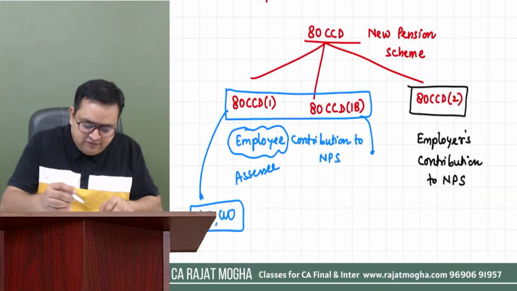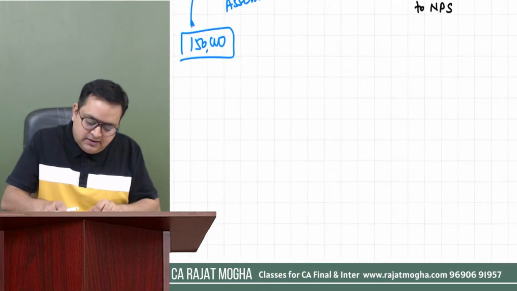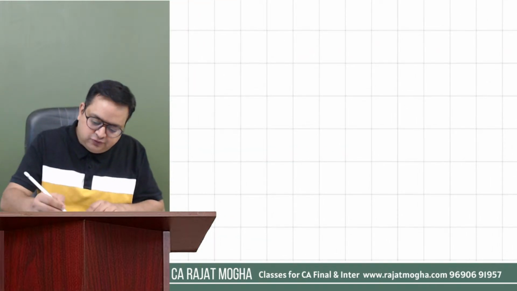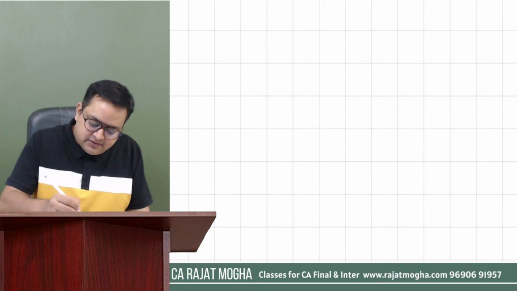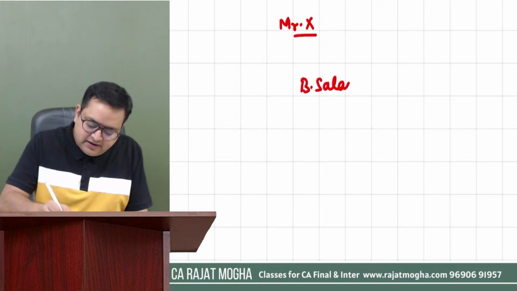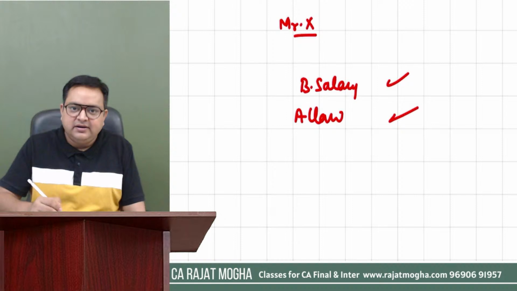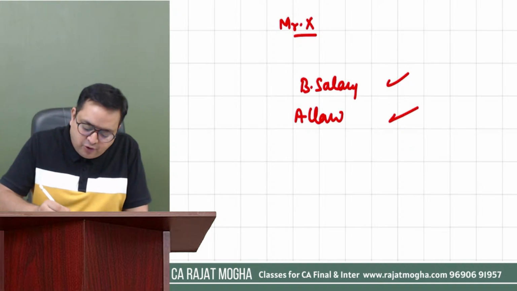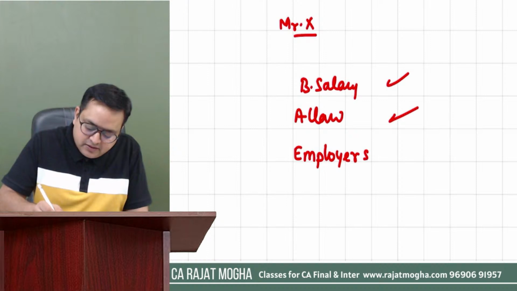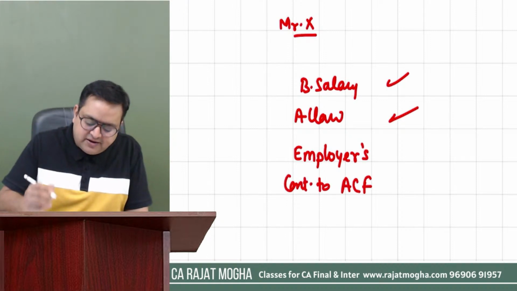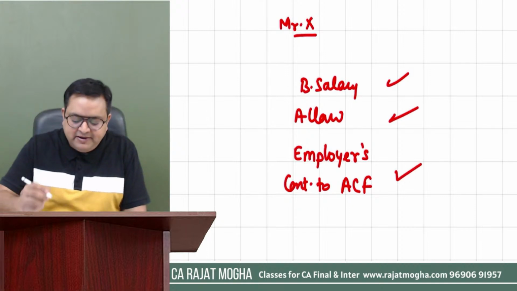So let me give you an example. Let's say there is a soldier, Agniveer, Mr. X. Let's say he is getting basic salary. Whatever amount he is getting as basic salary will be taxable. If he is getting any other allowance or perquisite, that would be taxable. And also the employer contribution to Agniveer Corpus Fund, please make it taxable.